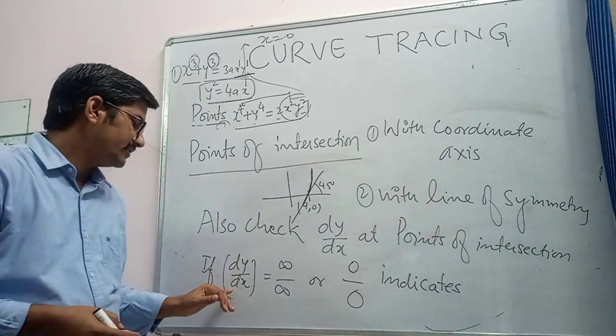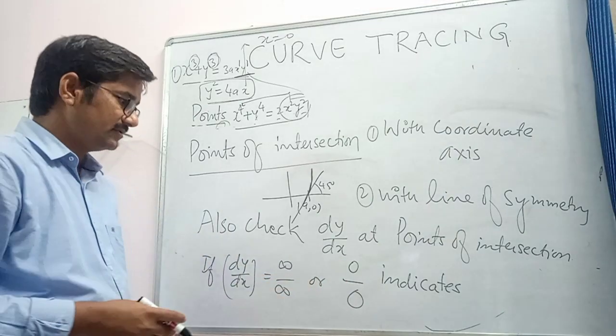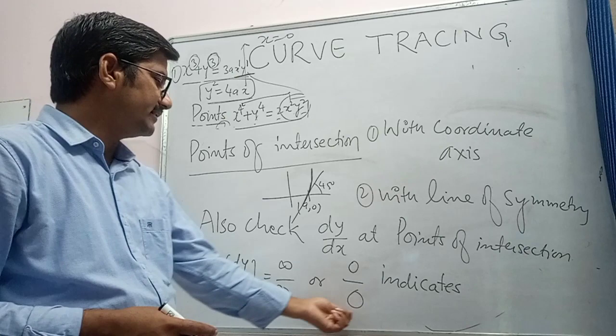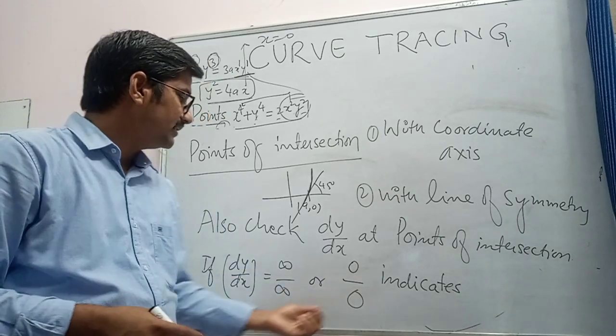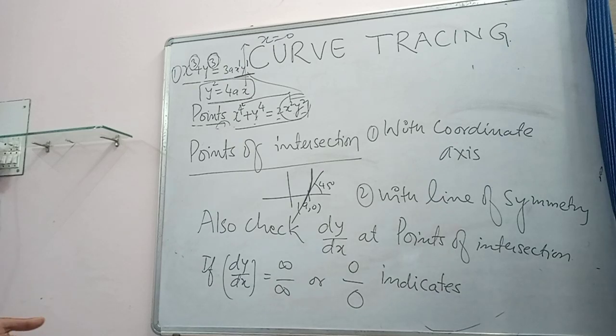Sometimes dy by dx becomes infinity upon infinity or 0 upon 0, which means it takes the indeterminate form. So it indicates that the point may be a double point, means that may be a node, cusp or conjugate point.